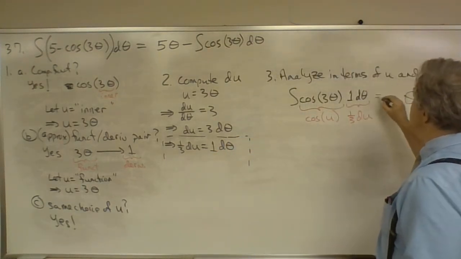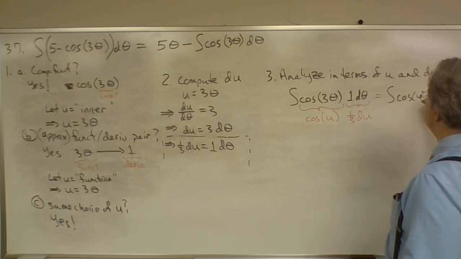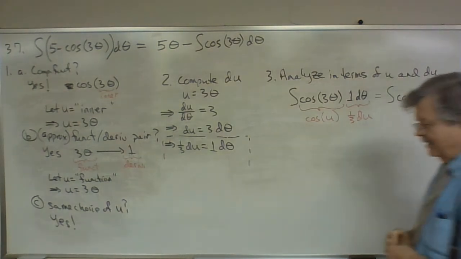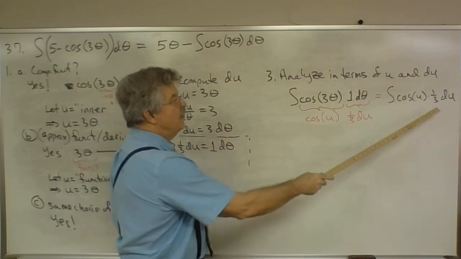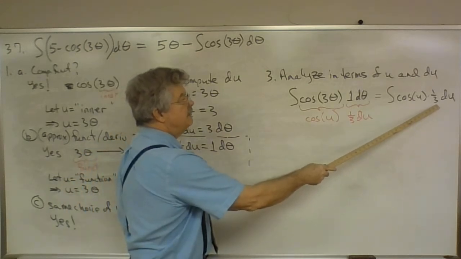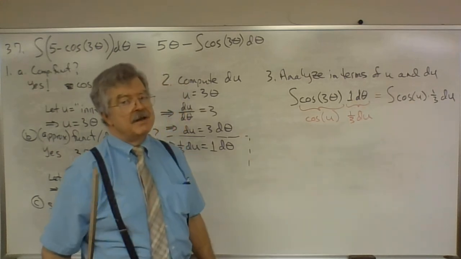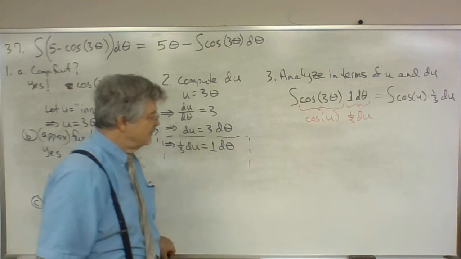And our integral becomes cosine of u times 1/3 du. And what am I going to do with that constant factor in the integrand? If you said move it out in front of the integral sign, you're right.